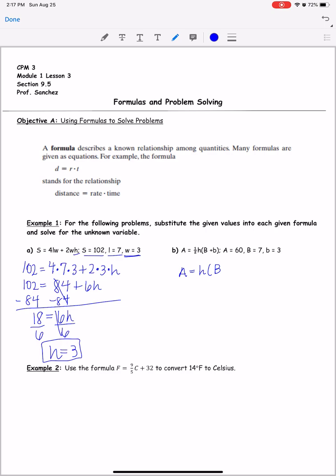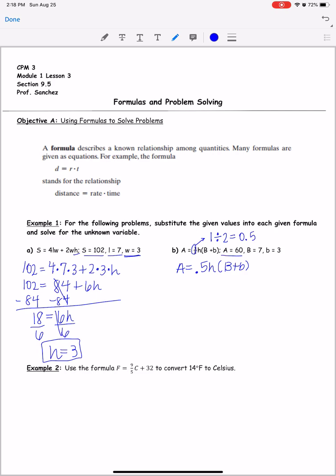I think what most people are going to like to do though is change that to a decimal. So if you don't know what 1/2 is as a decimal in your calculator, you can just do 1 divided by 2, and that's going to give you 0.5, and so you can substitute that in. So I've got area equals 0.5 H times B plus b, and that seems to make that 1/2 a lot easier to deal with as a decimal.